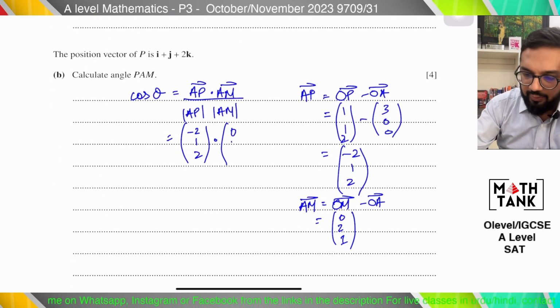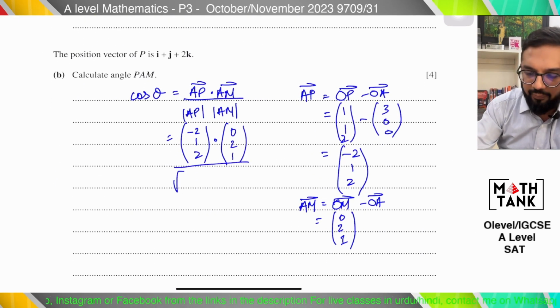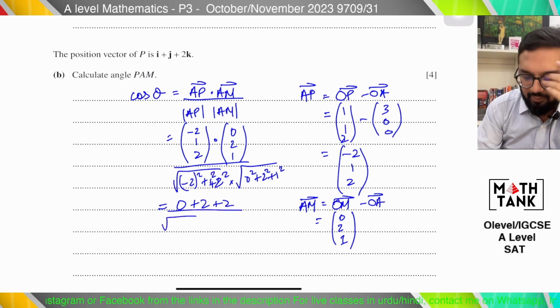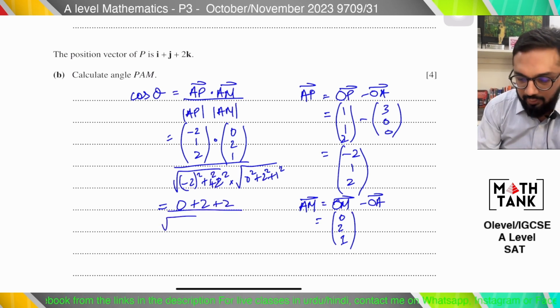So that's 0 to 1, root of minus 2 squared, 1 squared, 2 squared, into root of 0 squared, 2 squared plus 1 squared, plus 2 plus 2. 4, 9 and 5.